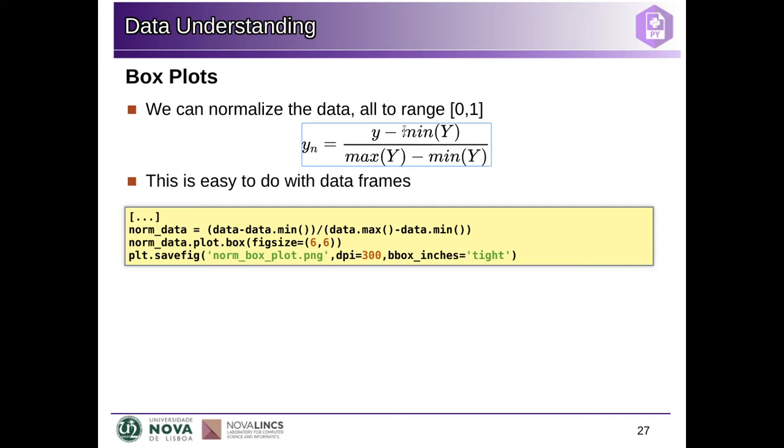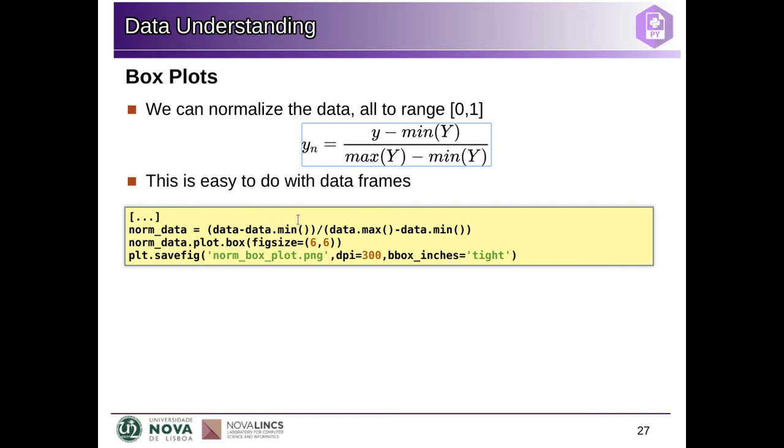By subtracting the minimum, you will force it to be at a minimum of 0. And then when you divide by the difference between the maximum and the minimum, the maximum value you'll have in this function here will be 1. So you go between 0 and 1 for all the values, and you rescale everything like this.